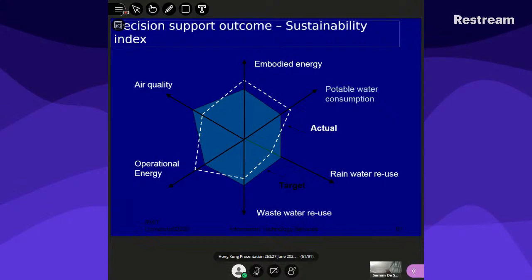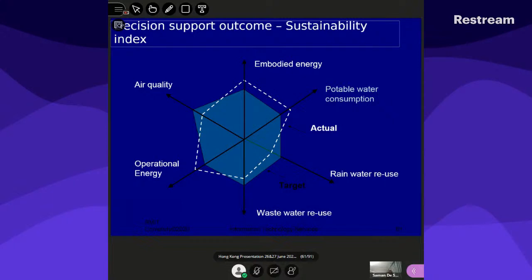Say potable water consumption is very high in the older standard one, but the light blue one with the targeted design has to try and minimize it, do some savings.